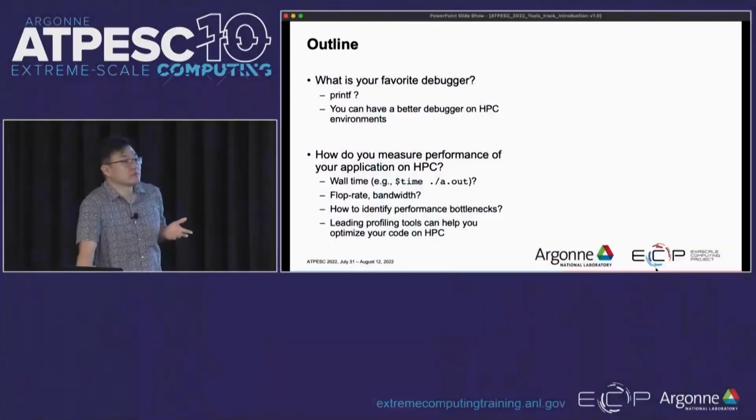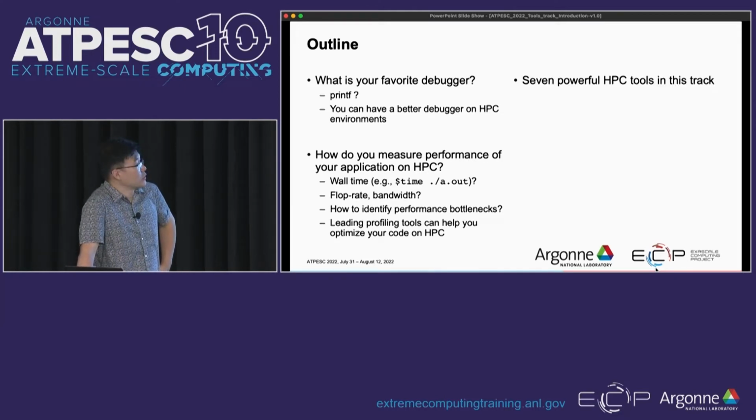So to know this kind of information, you had better use a leading profiling tool, which is optimal for HPC environment. So during today's session, you're going to have at least 5 or 6 profiling tools to check how much performance you get from that specific system, right? So in this track, we are going to have 7 very powerful and very popular tools in HPC environment.